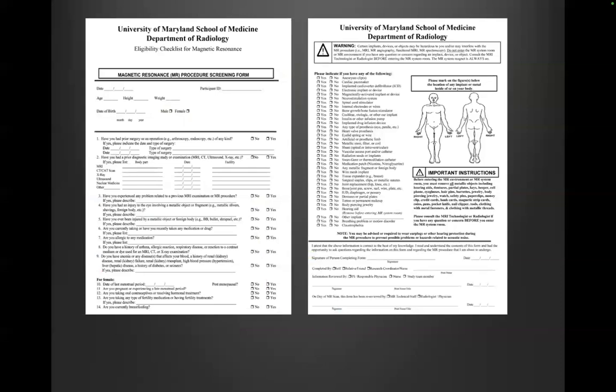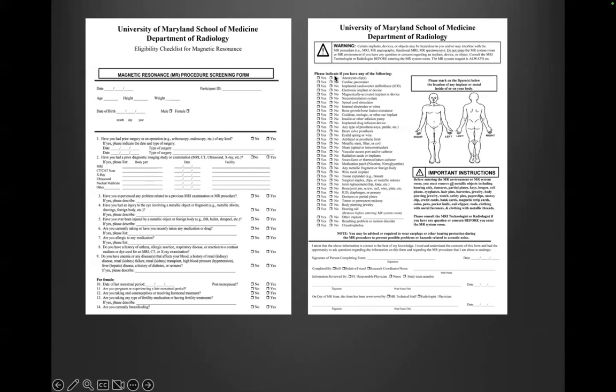This shows an MRI screening checklist that we typically use. This is actually adapted from the ISMRM website. It's a double page, and they will ask you a lot of questions.